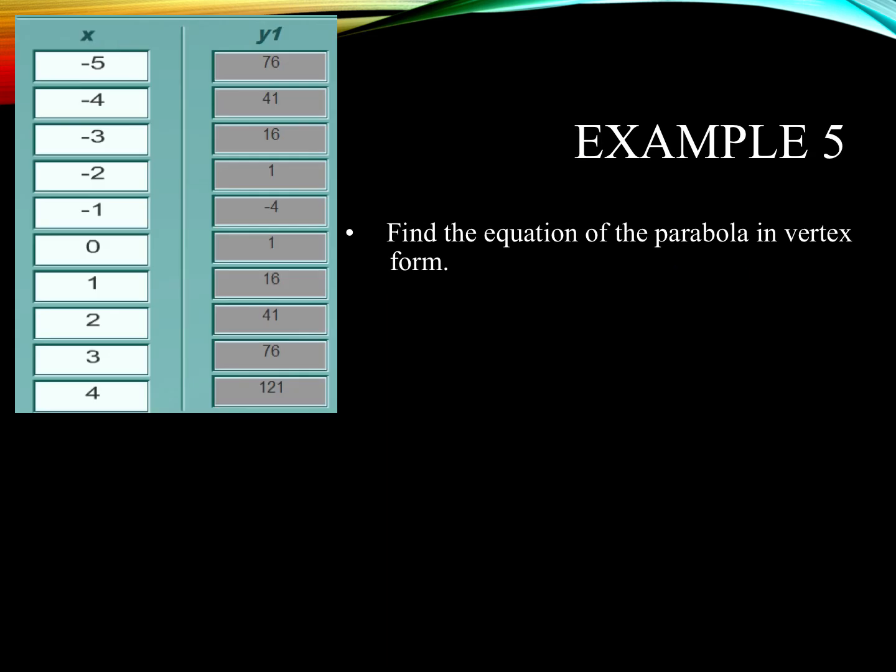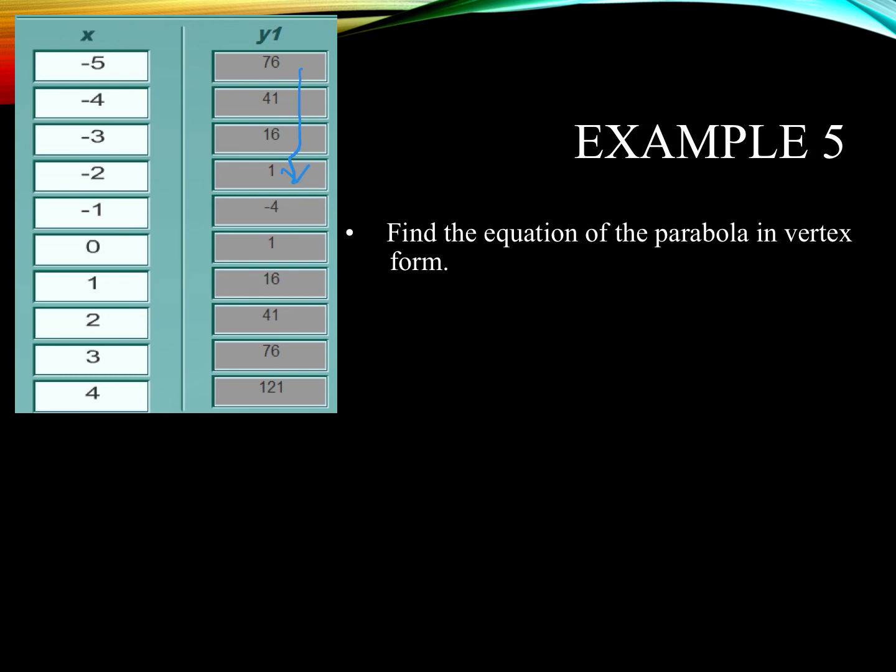Now for example 5, these are a little different because we're not given a graph, but we're given a table. So what we have to do is find the vertex. As I go down my table, I notice that my points are getting smaller and smaller until I hit -4.